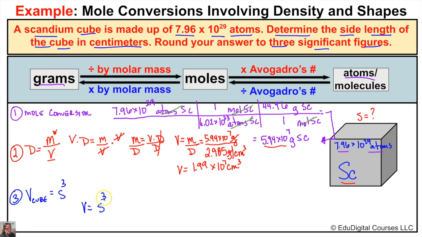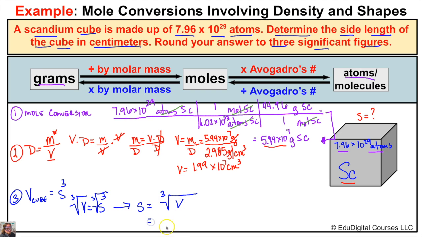The way that we get rid of the cube right here is to take the cubed root of this entire thing. And if we take the cubed root of this side, then we have to take the cubed root of the left-hand side too. And so, to get the side length here, we are simply going to take the cubed root of our volume.